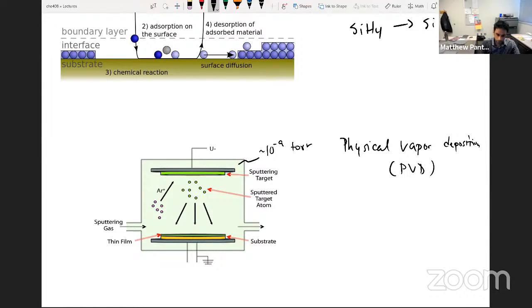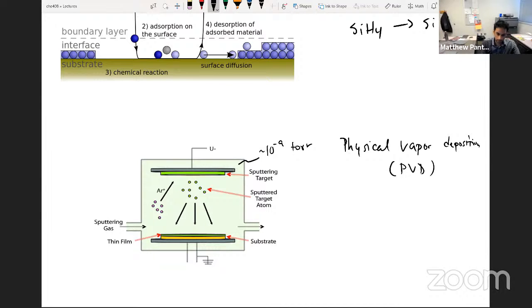So the idea is you take these energetic argon atoms and you give them enough energy, either by putting them in a plasma source. You can see here we have a potential applied to the top and bottom.